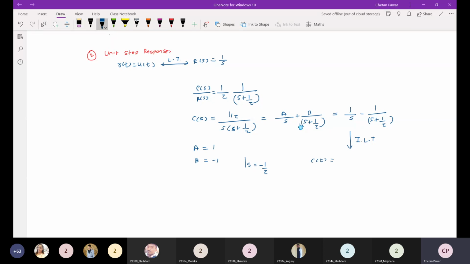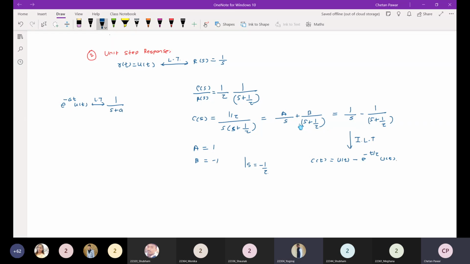So you tell me the inverse Laplace transform of this. What is the inverse Laplace transform of 1 upon s? U of t minus e raised to minus t by tau into u of t. E raised to minus a t into u of t, Laplace transform is what? 1 upon s plus a, right?